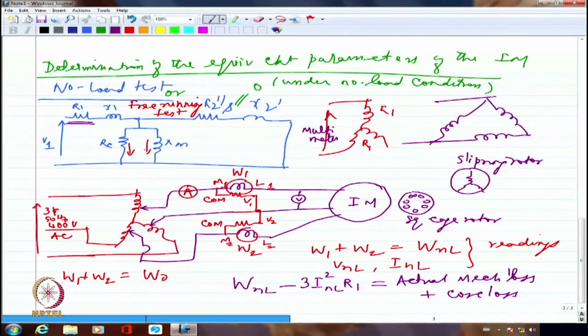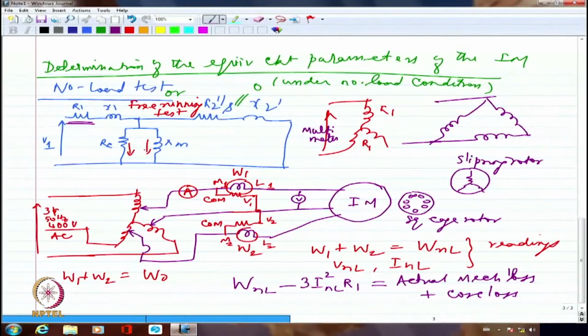So if it is a delta connected motor, V no load will be equal to V0 per phase. But if it is a star connected motor, V no load divided by √3. I have to do the conversion, everything on a per phase basis. Similarly, what I have calculated now as the actual core loss plus the mechanical loss, I have to divide that by 3 per phase.